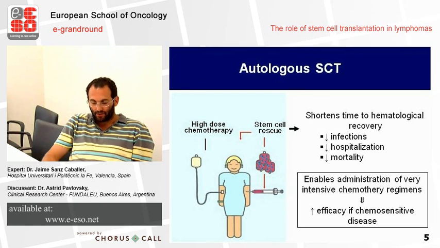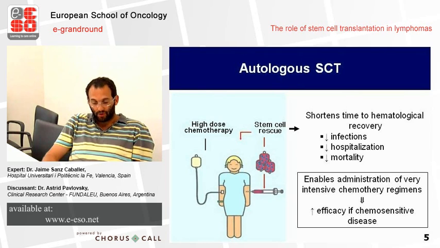Stem cells are later infused intravenously through a central line. Those stem cells migrate and harbor in the bone marrow to regenerate the hematopoietic tissue. In around 14 days, bone marrow is regenerated and peripheral counts are recovered.